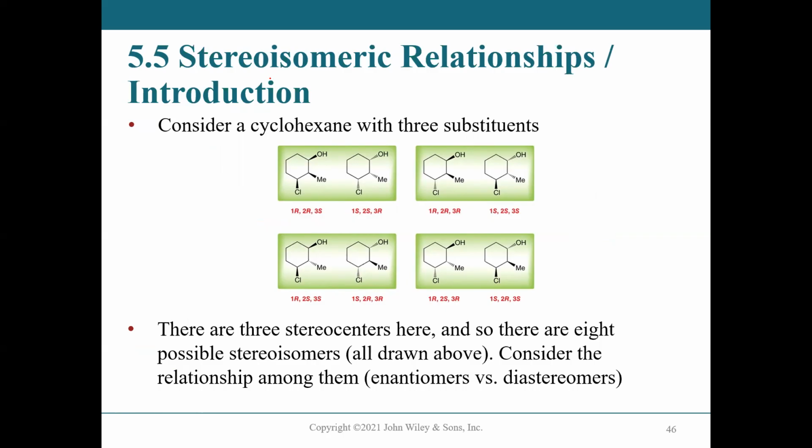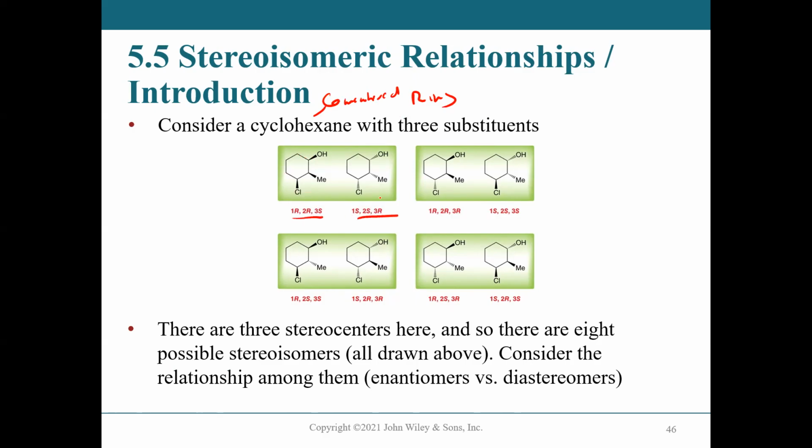So, stereoisomeric relationship. Consider cyclohexane. Cyclohexane is a six-membered ring. We can see that six-membered ring right here. Here we have 1R, 2R, 3S.